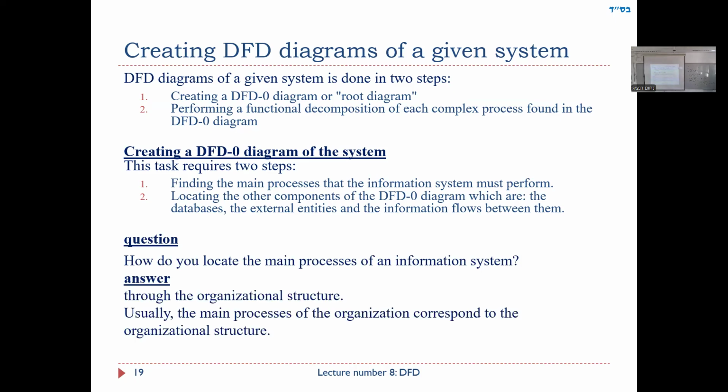Through the organizational structure. If you have an information system for a college, then you probably already have a department for collecting money from students, a department for assigning them courses, and all the different departments that exist. So there's an organizational structure. And now if you're going to make a computerized version of that, that's your starting point, how it's already been divided in a structural way.